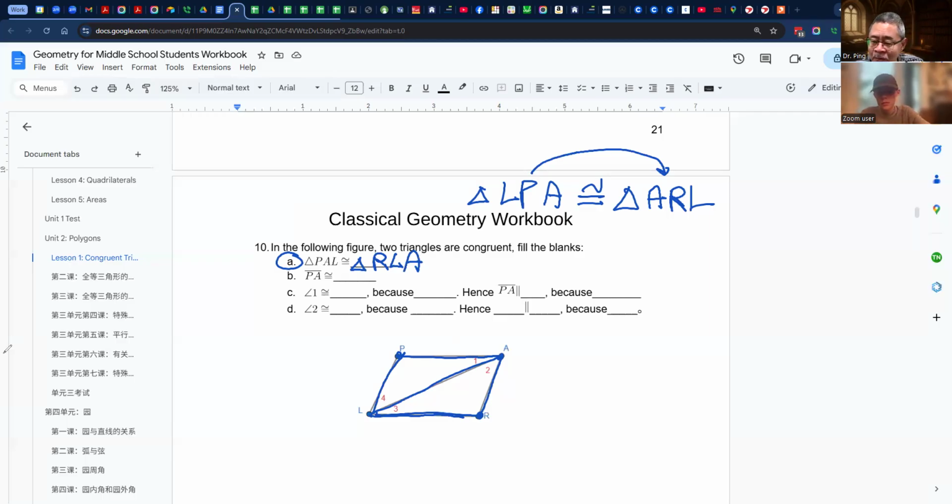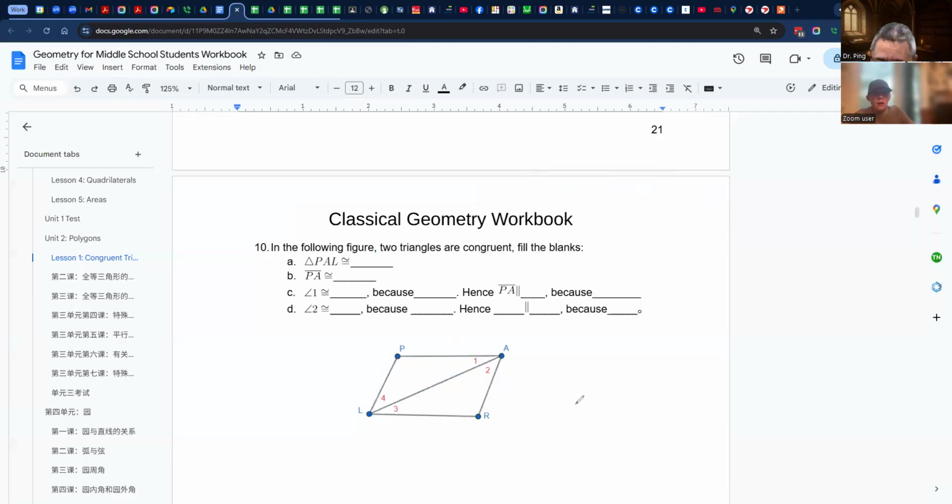Okay. B, the line segment PA is congruent to line segment of what? Sorry, number B. PA is congruent to what?